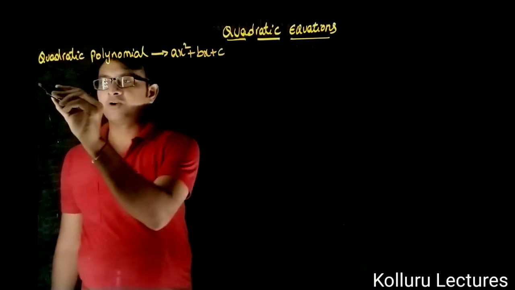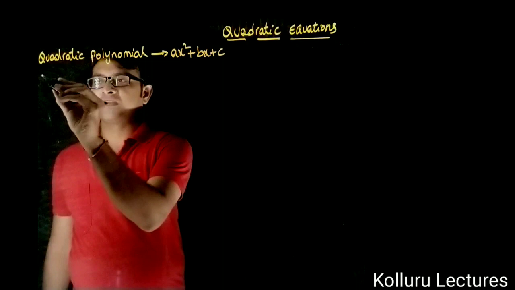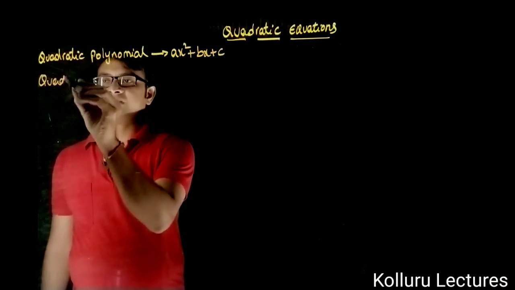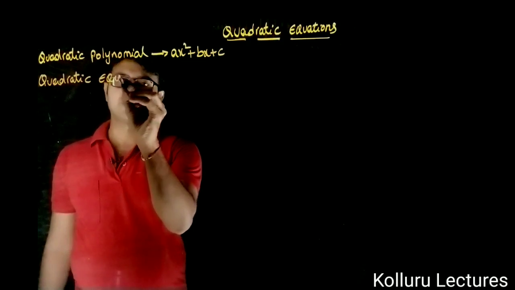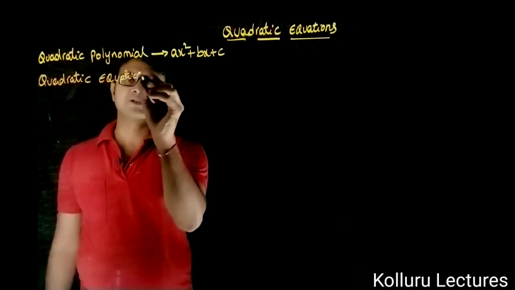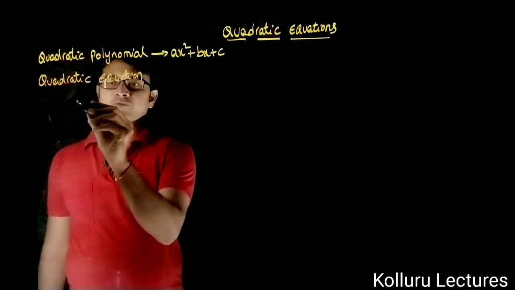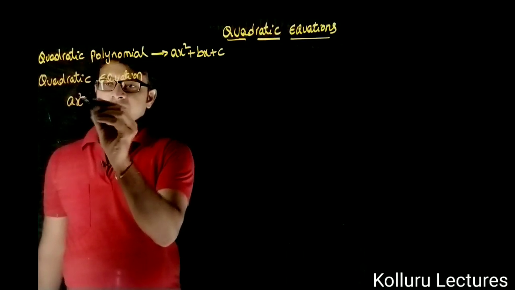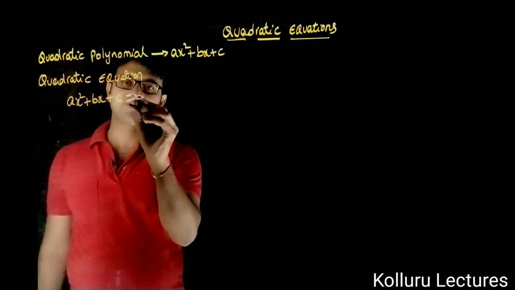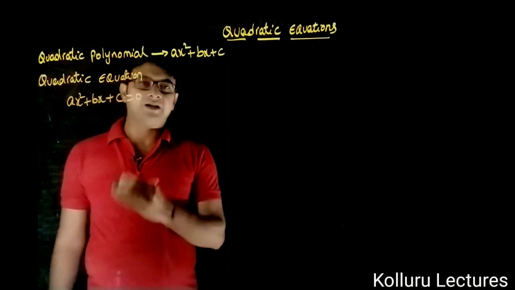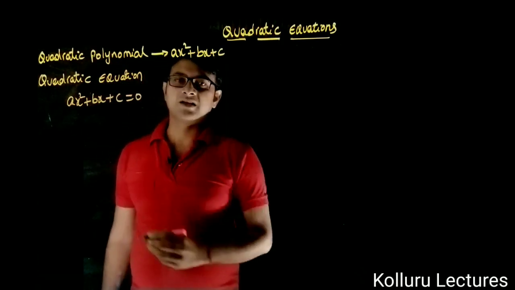Now, if I equate the quadratic polynomial to 0, I will get a quadratic equation. For example, ax square plus bx plus c is equal to 0 is the quadratic equation.